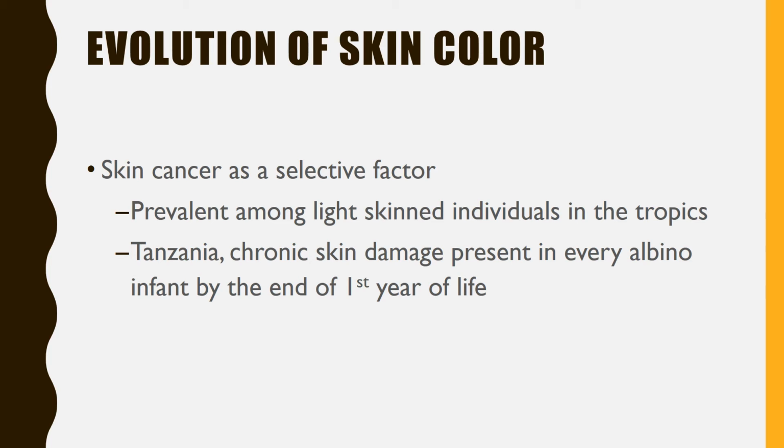Another example is that in Tanzania, chronic skin damage was found in every albino infant by the end of their first year of life. So these examples of this high rate of skin damage in lighter skinned individuals that are located in areas of high UV radiation really shows that skin cancer is likely a selective factor or a selective pressure in tropical areas for dark skin.